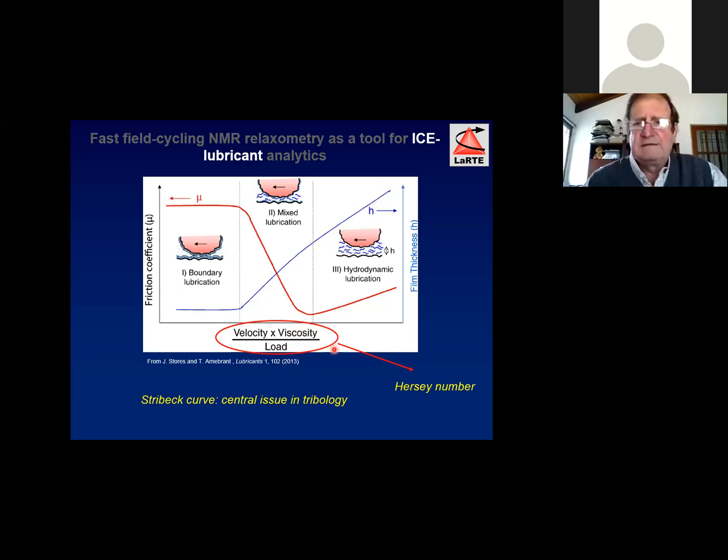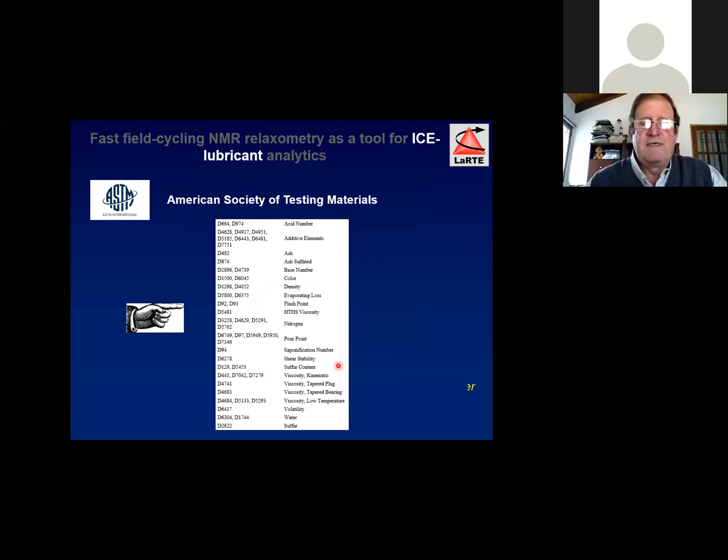And this is the essential point here, that the lubricant is only a part of the problem. There are a lot of tests, for example different norms delivered by the American Society for Testing and Materials. These are all standardized techniques to analyze different properties of a lubricant.